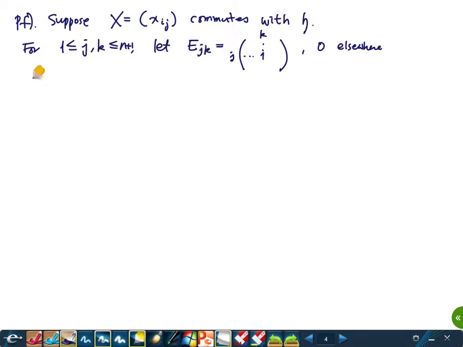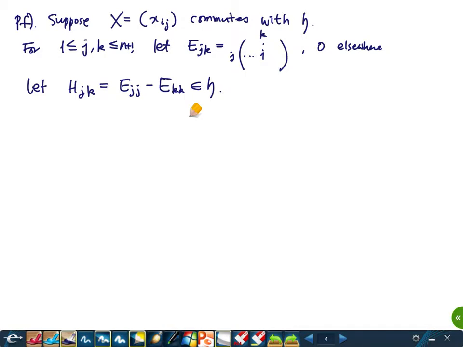All right, and let H_jk be this matrix E_jj minus E_kk. Then it is in H, right? This diagonal matrix has 1 in the j diagonal entry, minus 1 in the k diagonal entry, then zeros elsewhere.